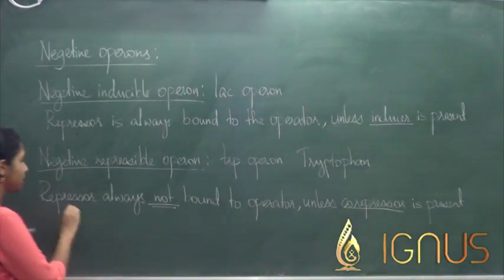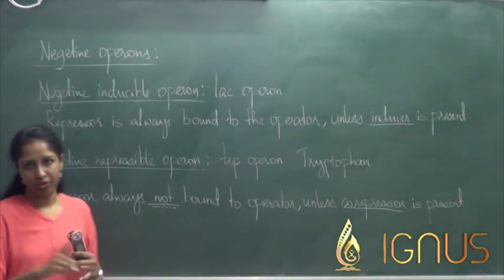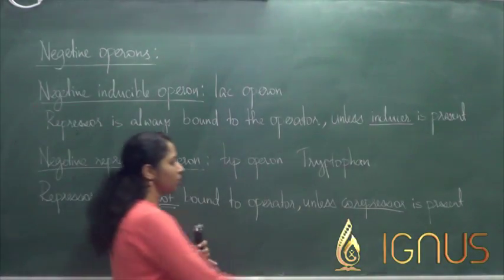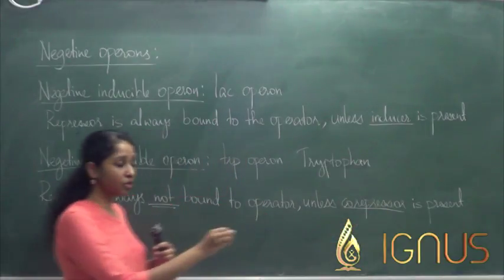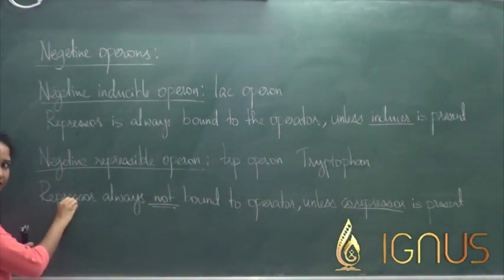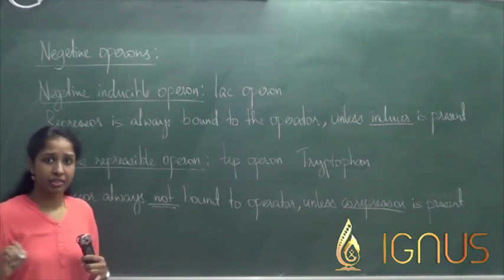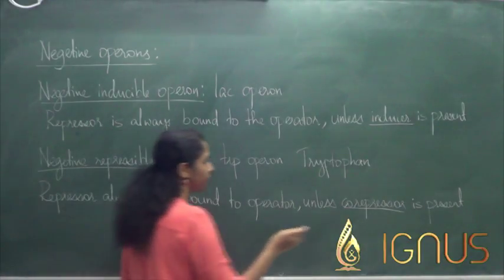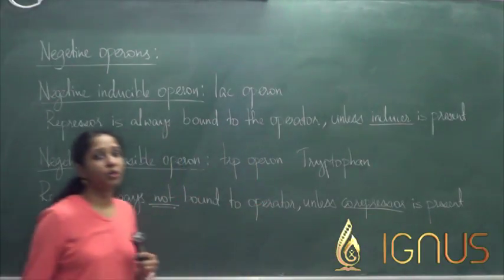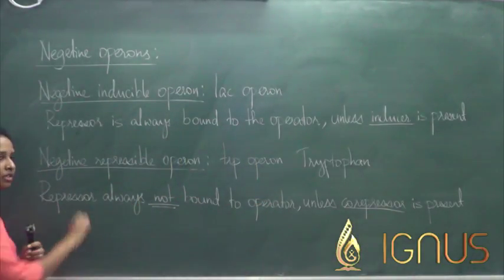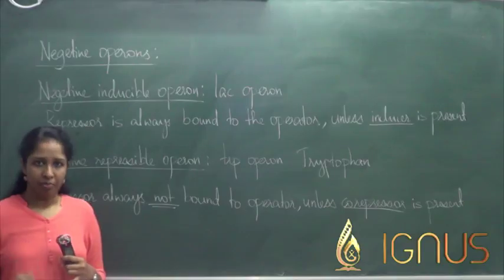So the repressor is always not bound to the operator, but whenever the co-repressor is present, it is going to bind to the repressor and help the repressor in binding to the operator. Remember what I was talking about before, that co-repressors are going to help the repressor in binding to the operator.